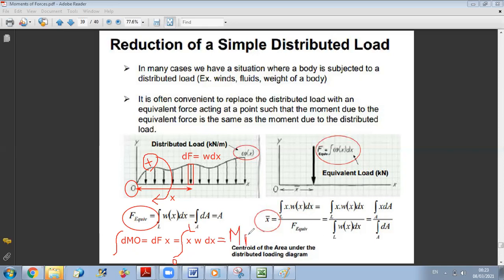Now, once I find M resultant at O, I end up with the following. I have a downward force at O, F resultant, and I have a clockwise moment, M resultant at O. Now, can you tell me, how can I reduce my system to a single force? What should I do with my force?